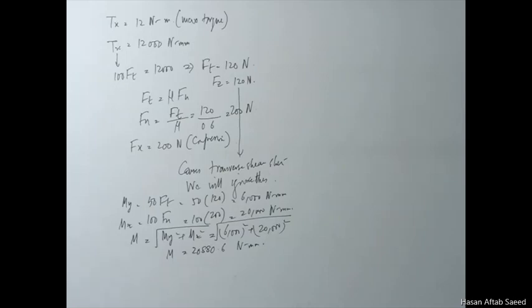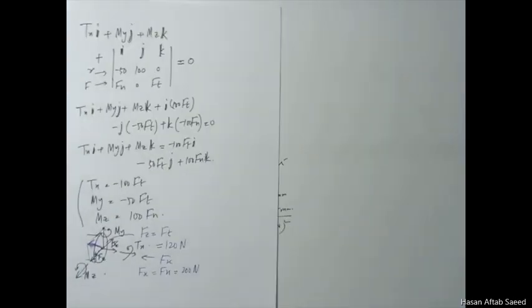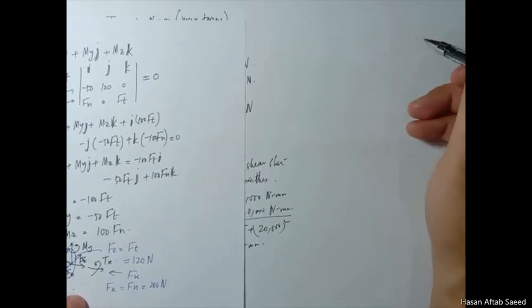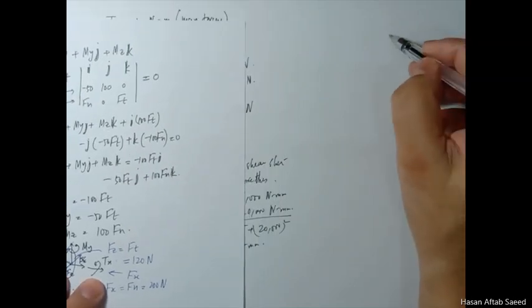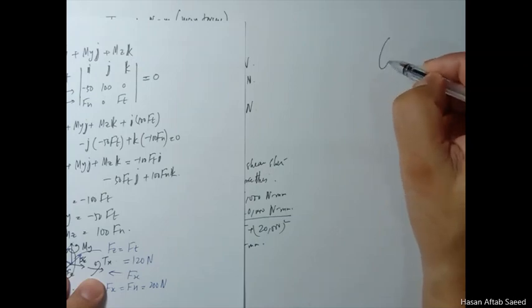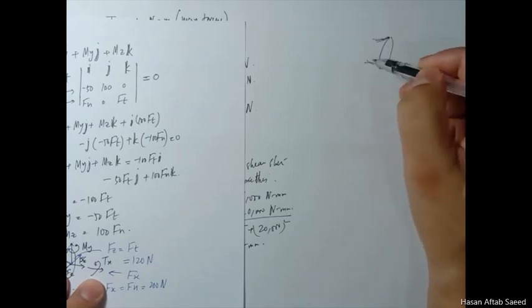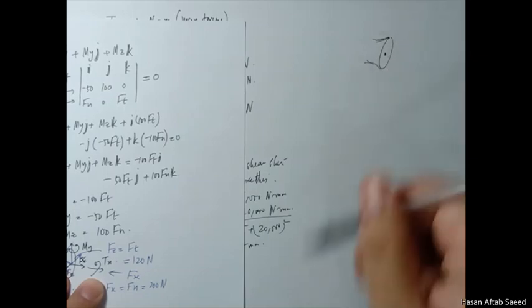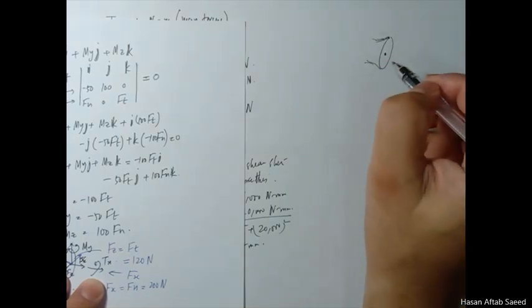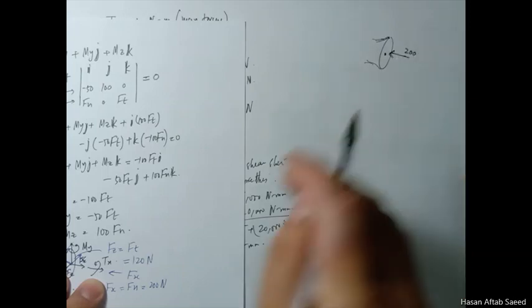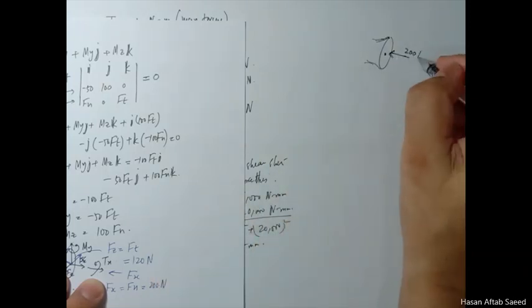Let's take stock of the situation. Again, you have this section. Now we have considerably reduced the complexity of the problem. We have now reached a certain stage where we can sum this up. This is your section. There's a fillet here. You're talking about this centroid, and there is a compressive force of 200 newton.